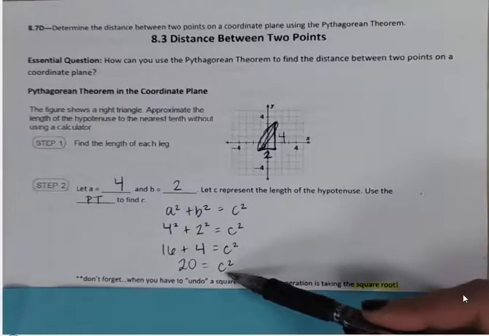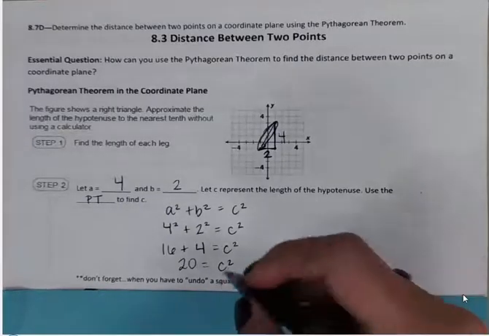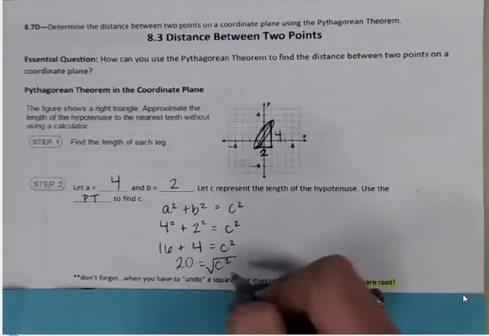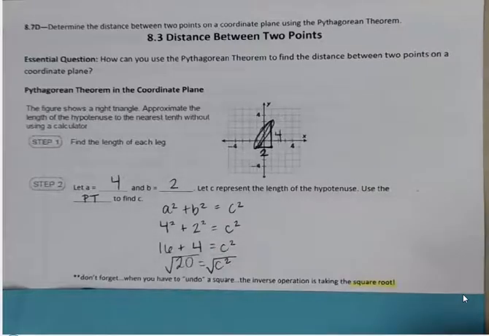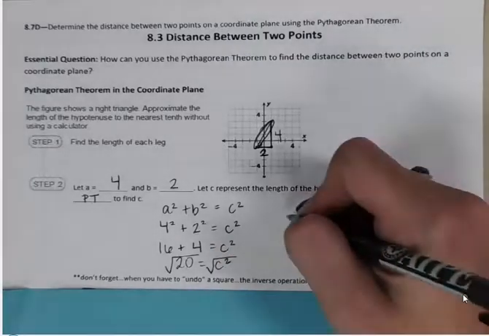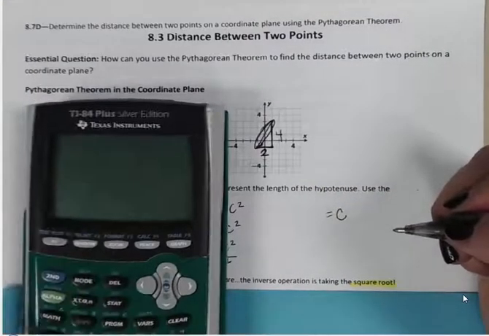I'm still trying to find out what C is. The inverse operation is taking the square root. So, to get rid of this square, we have to take the square root of that side, but what you do to one side, you have to do to the other. So if we take the square root, your square root and your square cancel out, so you're left with C is equal to, use your calculator.